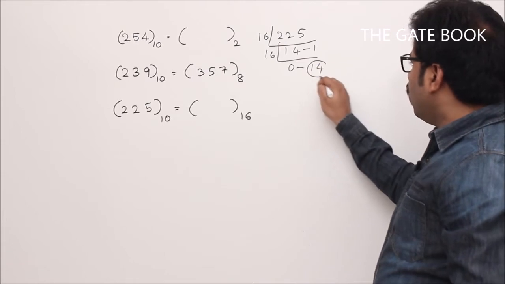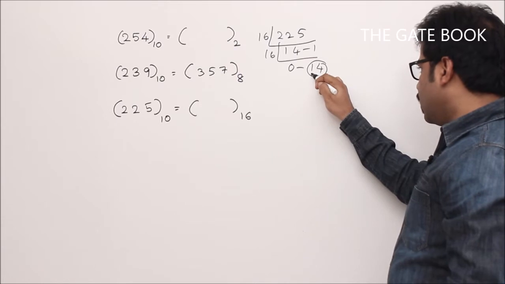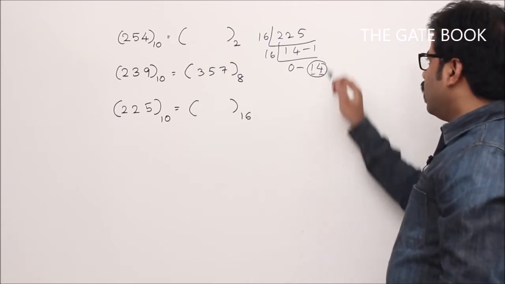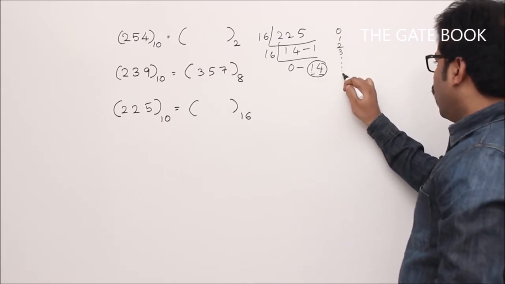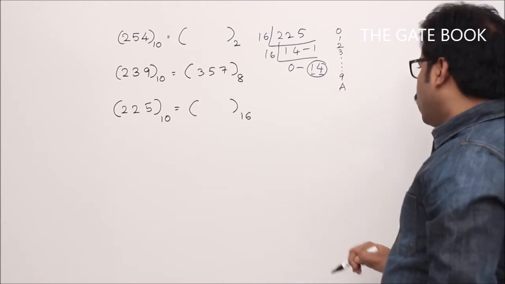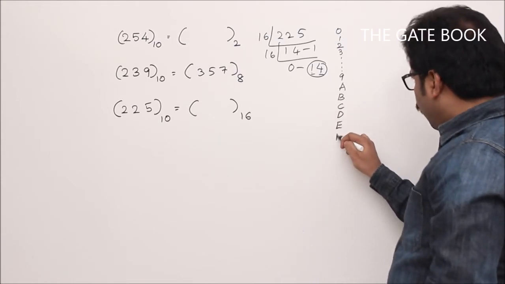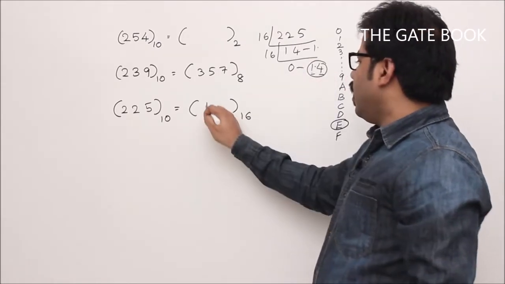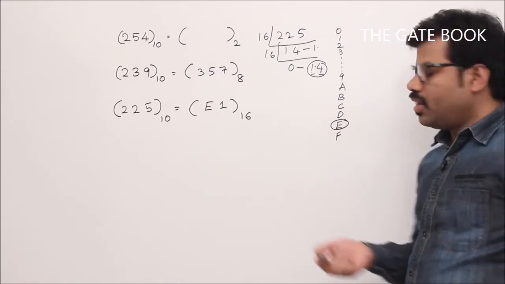To avoid confusion, whether it is a single digit or 2 digits, because in hexadecimal we have 1 and 4 also, the digits in hexadecimal are 0 1 2 3 up to 9, then we use A rather than 10, then 11, 12, 13, 14, up to 15. So 14 is E. It would be E1. In that way we can convert from decimal to hexadecimal.